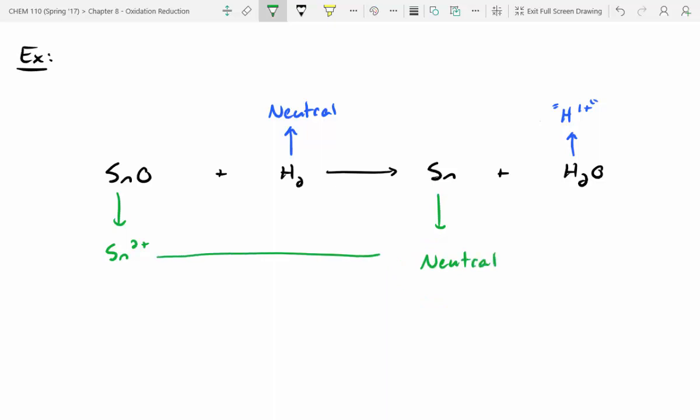All right. So now we're in good shape. Let's go through and fill out the rest of the pieces, though. Okay, so for hydrogen, it looks like it lost 1 electron. So each H lost 1 electron, which means it was oxidized or reduced? Oxidized.